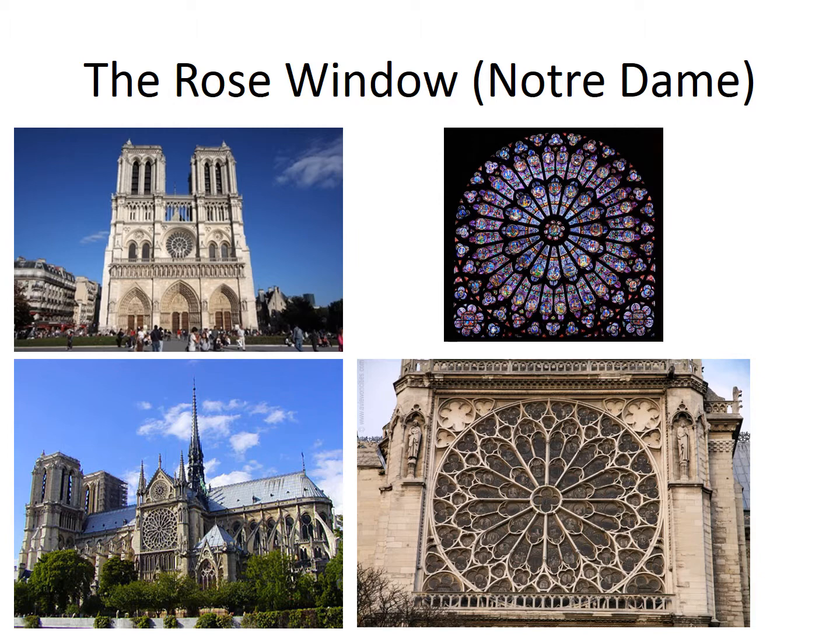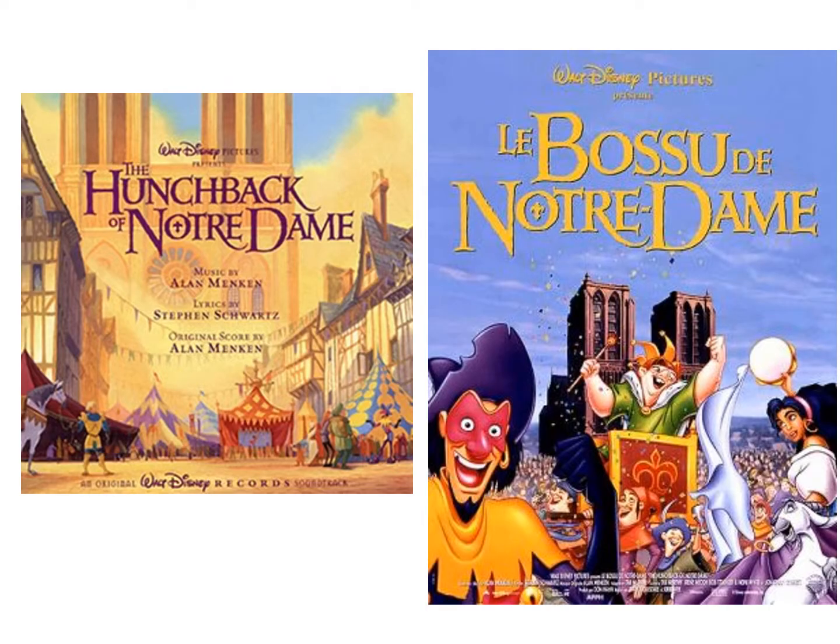And in the lower right-hand corner, that is the rose window from the outside, which in that case doesn't have all the light coming through it, and it doesn't look half as cool, but a beautiful, beautiful window with radial symmetry. Fun little thing, in the Hunchback of Notre Dame, they're inside the cathedral there, and you can actually see the rose window.